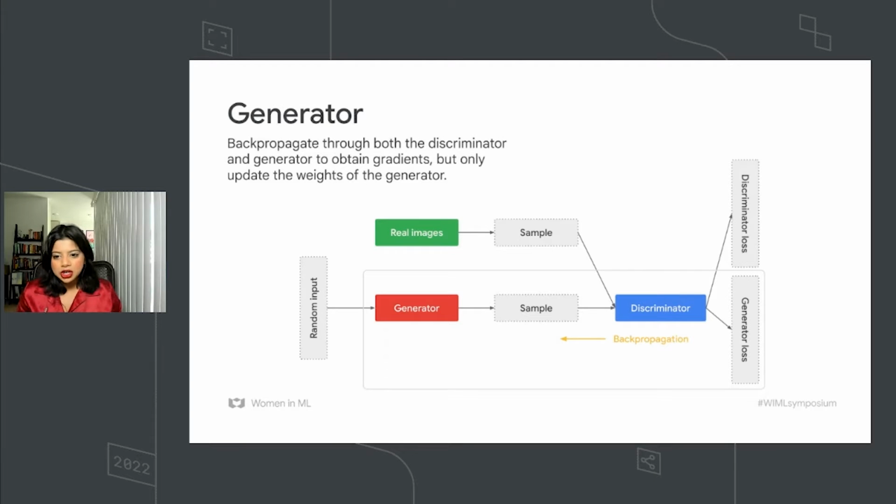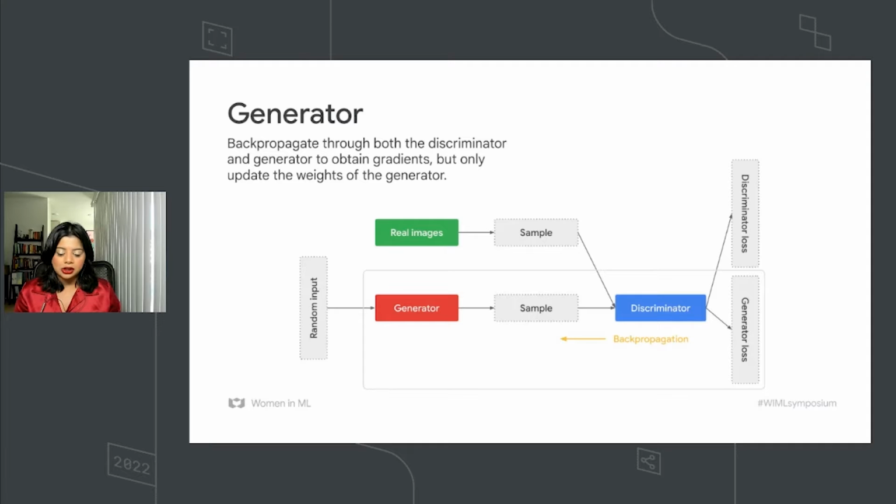And then onto the generator, it also has backpropagation, but here we take the results from the generator loss and the discriminator loss, and we're only updating the weights for the generator. In summary, how this process works is that we sample some random noise, produce a generator output from the sampled random noise, and then get the real or fake classification from the discriminator.